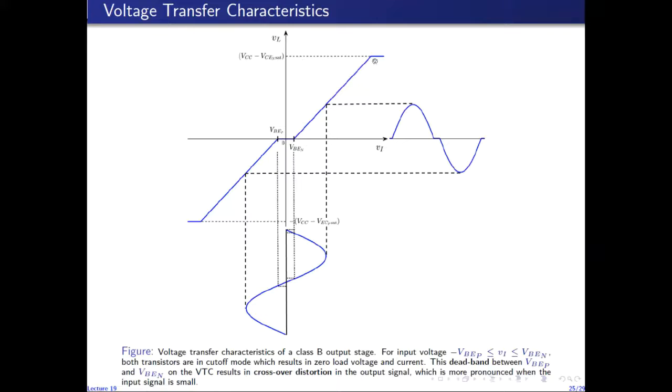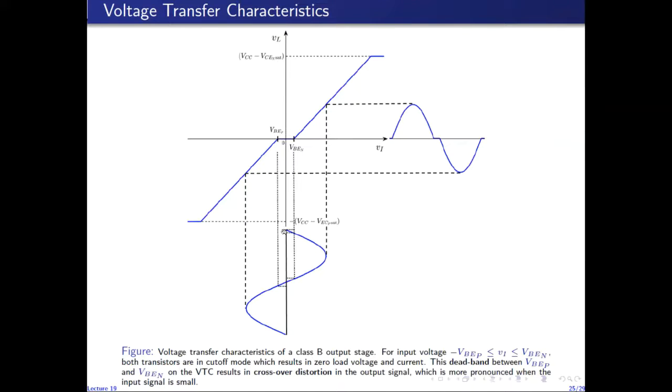VL rises to a maximum value given by VCC minus VCE N sat, at which point QN enters saturation mode, and the maximum negative value of VL is given by minus VCC minus VEC P sat, at which point QP enters saturation mode. This region on the VTC, during which there is no conduction through the class B amplifier, is called the dead band on the VTC.